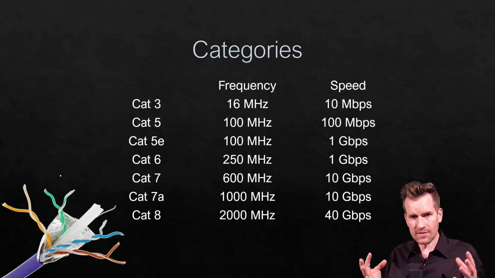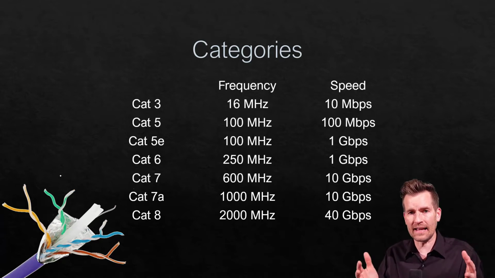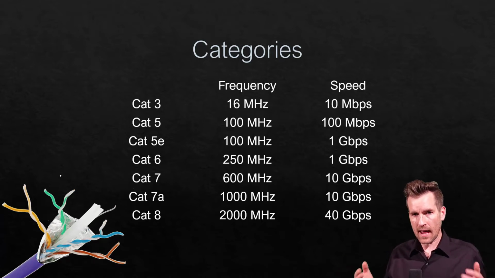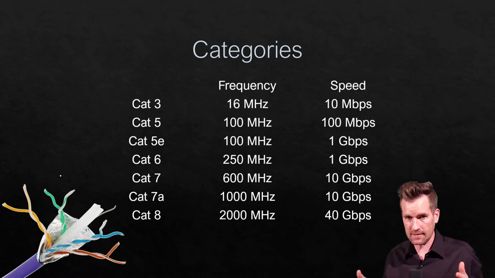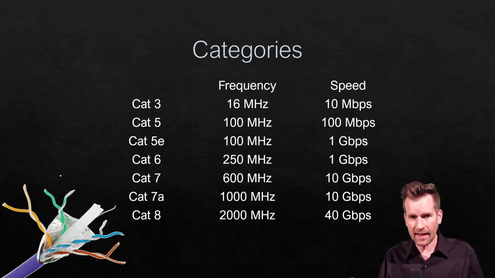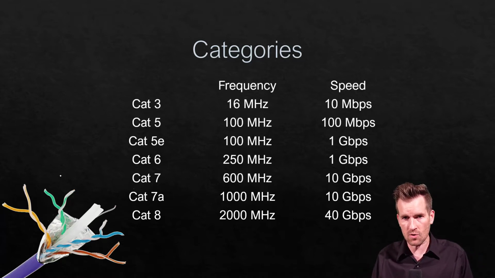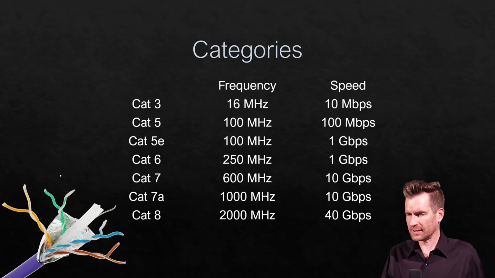Throughout this information technology era, we've had to increase the amount of data that goes through our systems. And with that, physically, we've had to find better ways to transmit this data. And that's what these categories are all about. We have different categories of cables that we use that have improved over time. So we started out with category 3, or what we call Cat 3 cable.